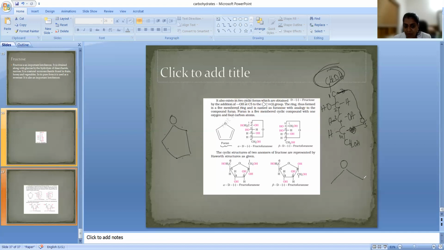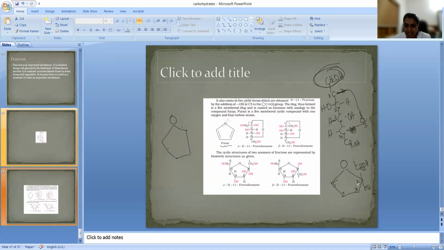First, we have to draw the furan here. We consider this position as the second position: second, third, fourth, fifth. So where is our first CH2OH? That is here. Left side means it will be coming up. This is our first CH2OH, then OH down.